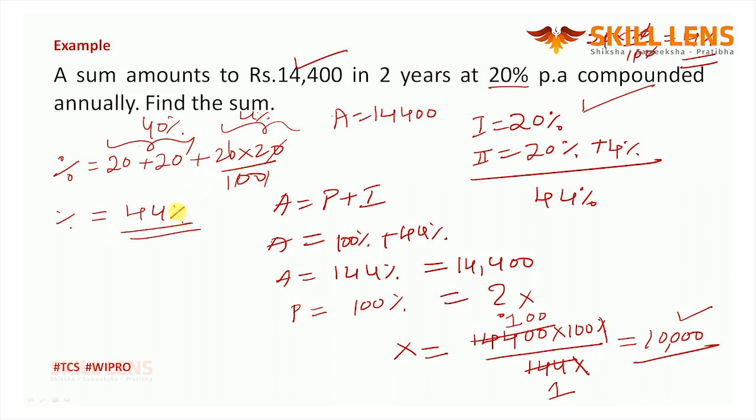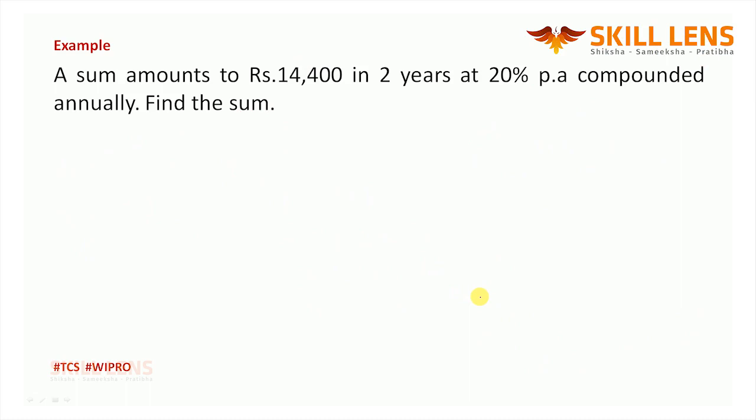So essentially it's 44%. Interest is 44%. So 100 plus 44 is 144. 144 is 14,400, then 100 is what? Do you need any formula? No. Without formula also we can definitely solve these types of questions. These types of questions have been asked in Wipro and TCS examinations. Let's go to the next question.